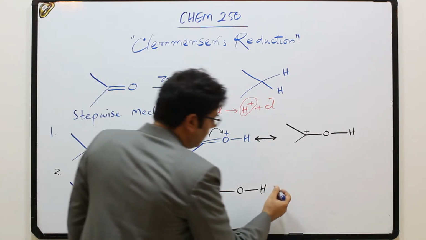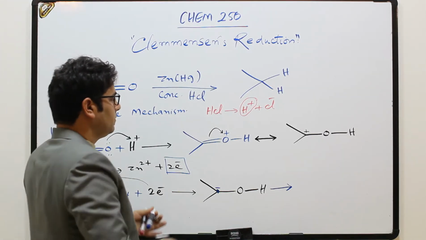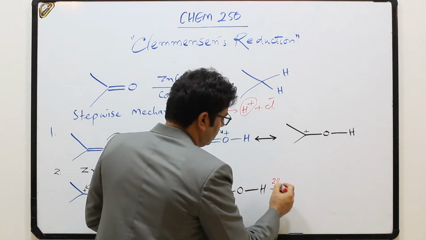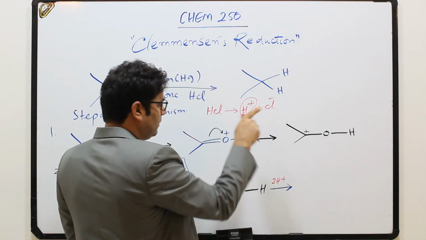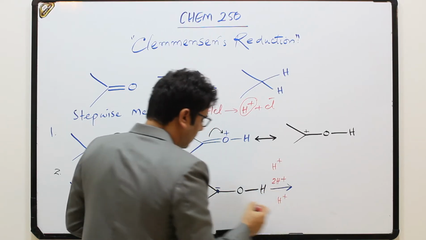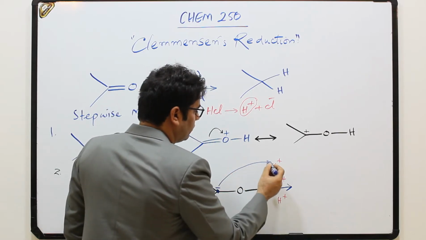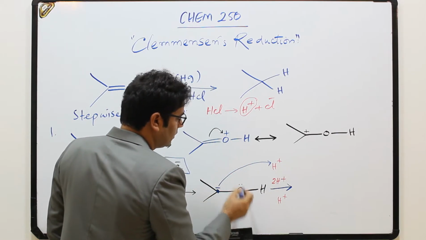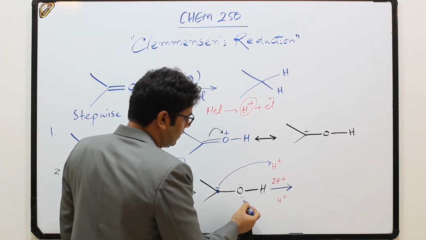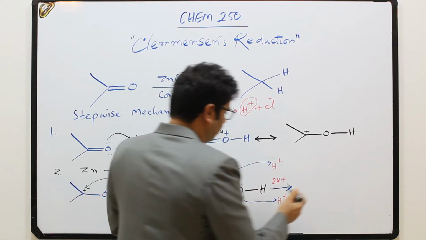Now what is happening here? In the next step, again from this HCl, 2 hydrogens are coming, 2 H positive. Where are they coming from? From the HCl. So 1 H positive up, 1 H positive down. This carbon attacks 1 H positive, and oxygen, which is rich in electrons with 2 lone pairs, attacks the other H positive.